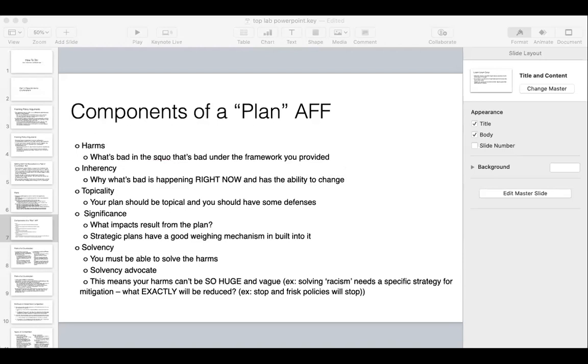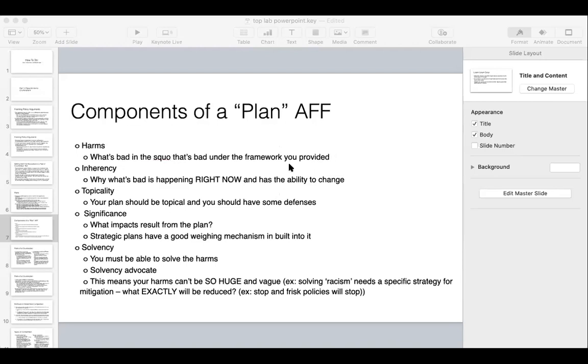So that AF was actually not topical under a common definition of the topic because it was outside of the purview of what the topic was discussing. So we'll definitely talk more about topicality. If you're confused right now, let us know your questions, but also keep in mind that we'll talk about it during the theory lecture, but you should think of it as: is your plan related to the topic? Are you discussing the topic?